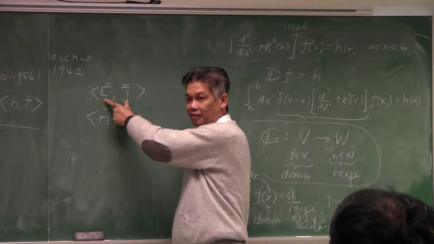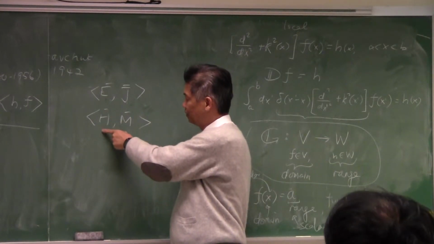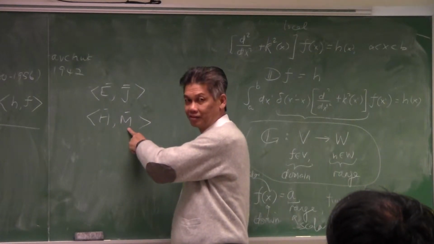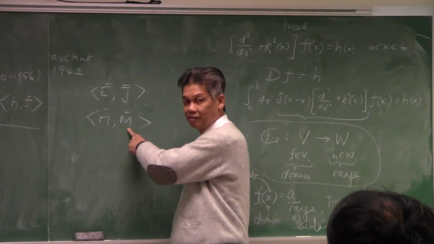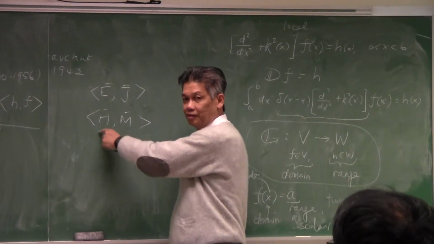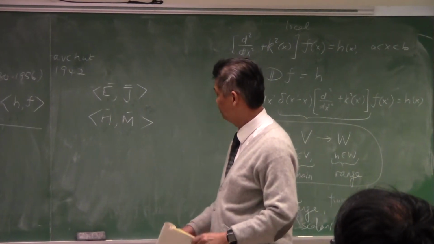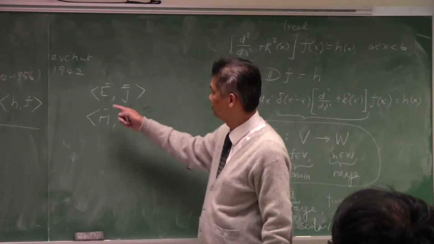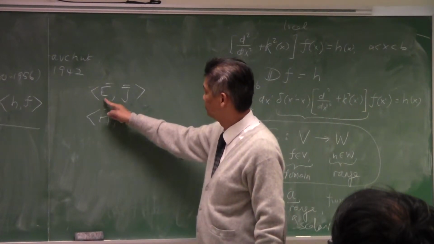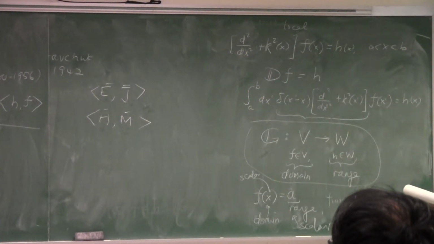Otherwise, this inner product cannot exist. Okay? And in order for this inner product to exist all the time, this is divergence conforming because divergence of M is the charge. Okay, this has to have the divergence, this has to have the curl. So these two spaces are the dual of each other in electromagnetics. So oftentimes if you read the electromagnetics literature, they say that this curl space is the dual of the divergence conforming space. That is the reason, okay, for what you might come across reading sometimes.